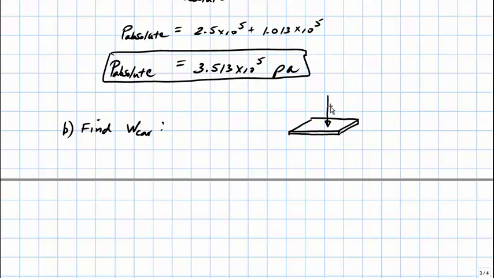Now, we need to represent the force, not the pressure. And so we will do so by noting that the force produced by the air equals the gauge pressure times the area of this footprint.